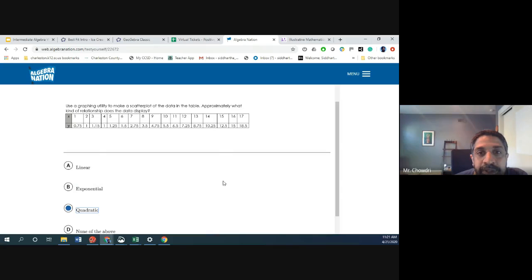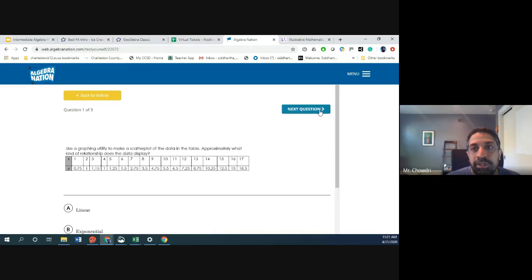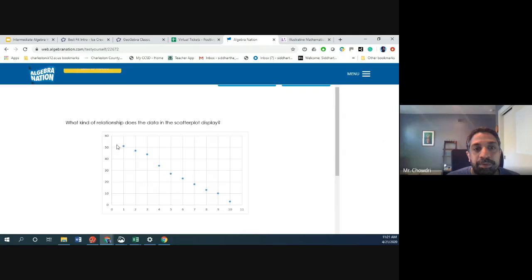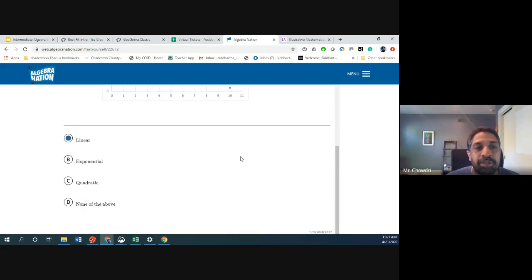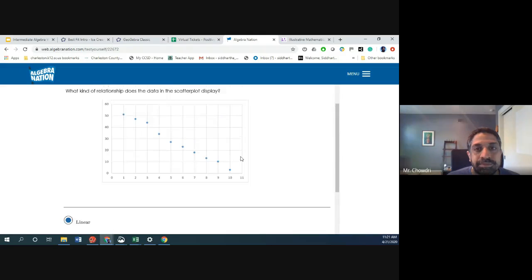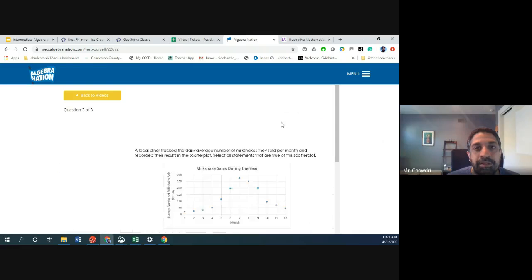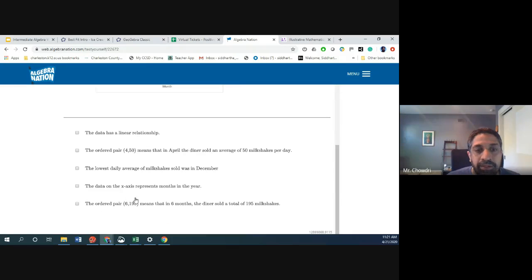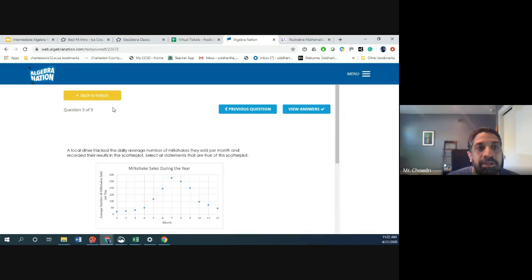It's going to be a U that's going up and down or down to up like that. And so after you plot this data, you're going to see what kind of relationship is there. Then you answer this question, which is easy. What kind of relationship do we see here? Linear, exponential, or quadratic? And then finally, you're going to have this question that you're going to pick a couple of answers.